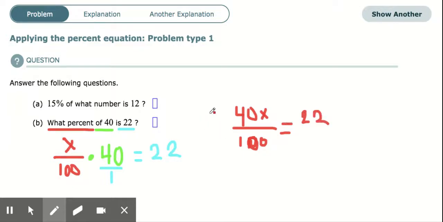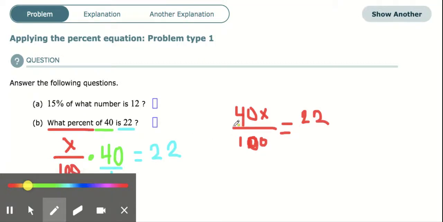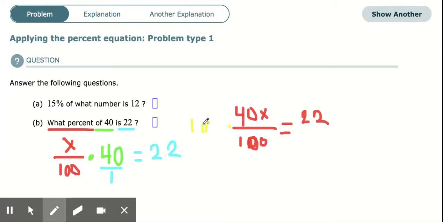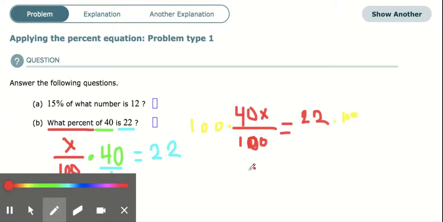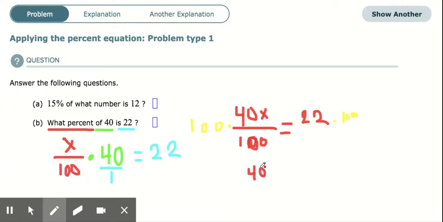Now, in order to get the x by itself, first we want to multiply both sides by 100 so that we don't have a fraction here. And we'll have 40x equals 2200.